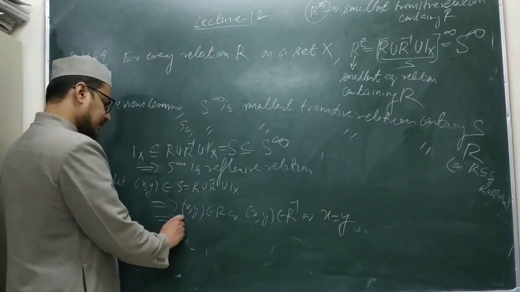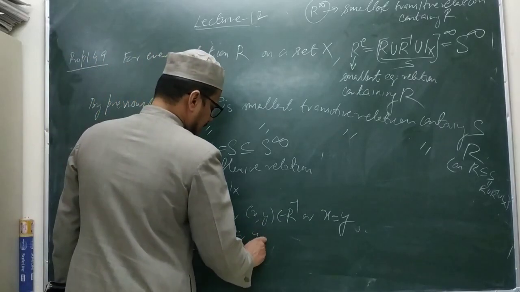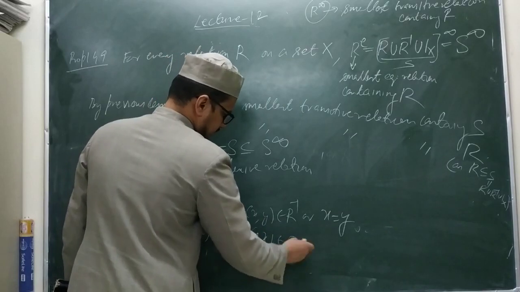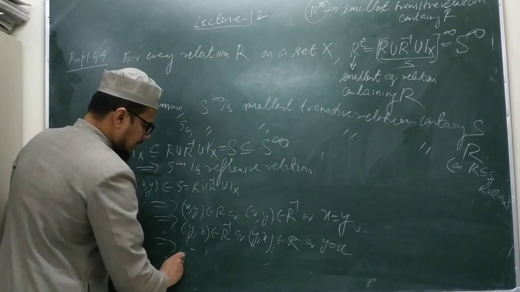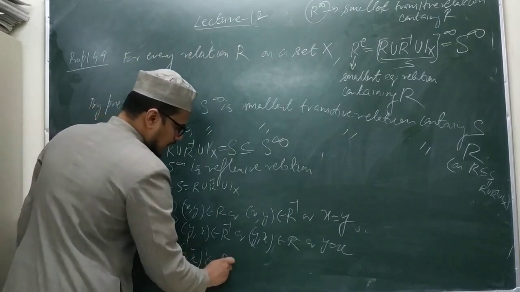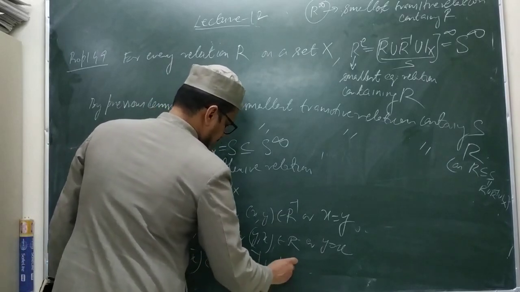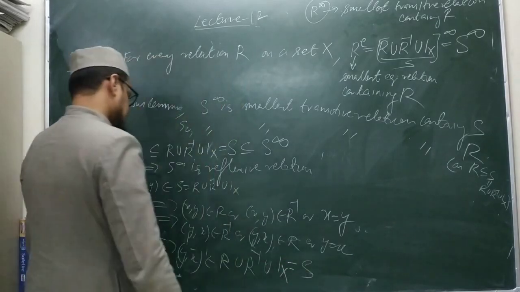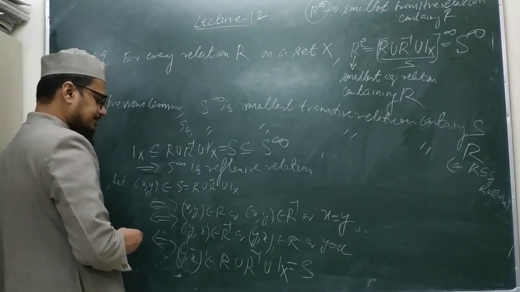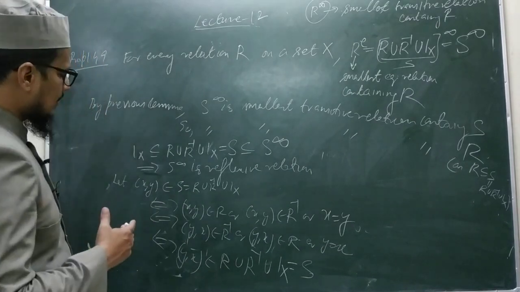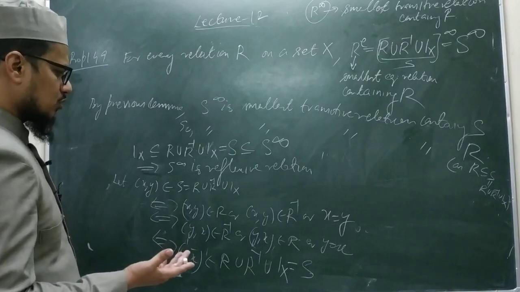So it implies that y comma x belongs to R converse, or y comma x belongs to R, or y is equal to x. So it implies that y comma x belongs to R union R converse union 1x. Also we can go in reverse. So x comma y belonging to S implies y comma x belongs to S.